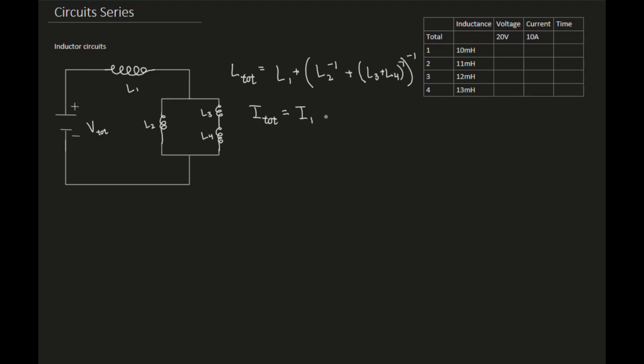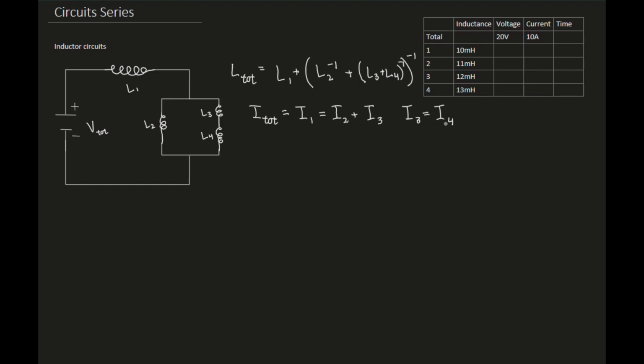But then that is going to equal the sum of the parallel currents, I2 plus the L3, 4 branch. Since L3 and L4 are in series, their currents are the same, so we can write it as I2 plus I3, or I2 plus I4. We can just denote that I3 is equal to I4, so it doesn't matter which one we put there because they're the same.